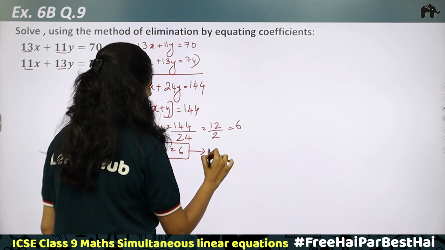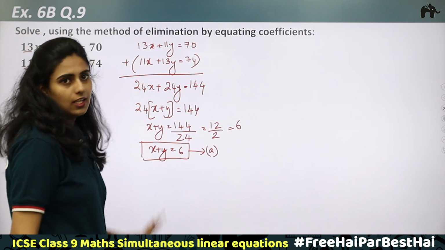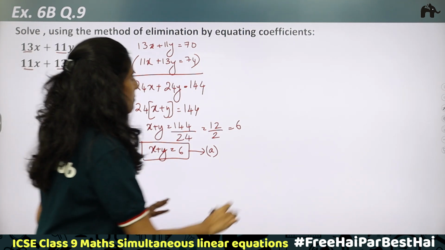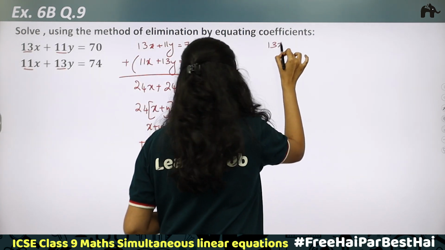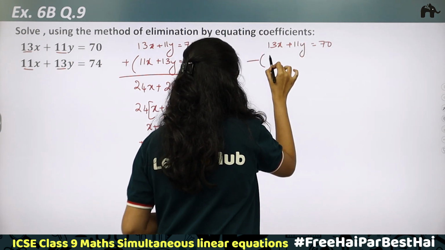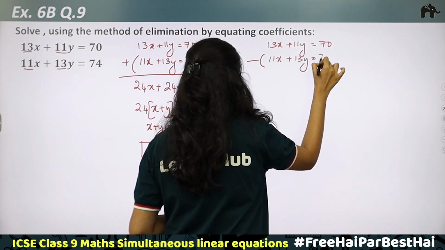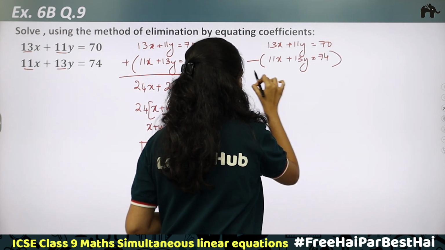Okay, let's mention this as equation A. Now to find equation B, subtracting, that is 13x plus 11y equal to 70 minus 11x plus 13y is equal to 74.